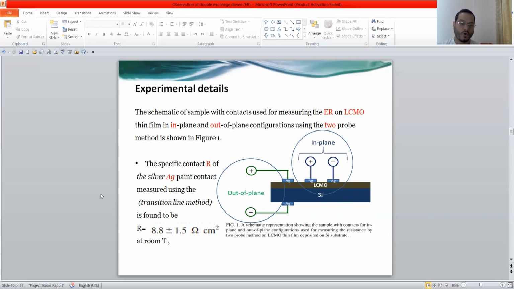The specific contact resistance of the silver Ag paint contact was measured using the transmission line method. The resistance here equals approximately 8.8 ± 1.5 ohm centimeter squared at 300 Kelvin.